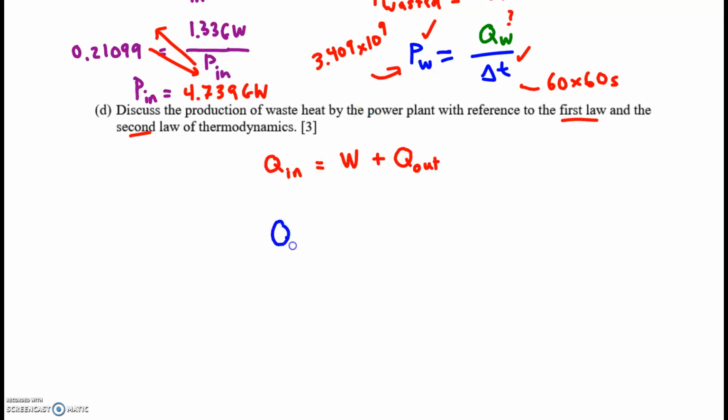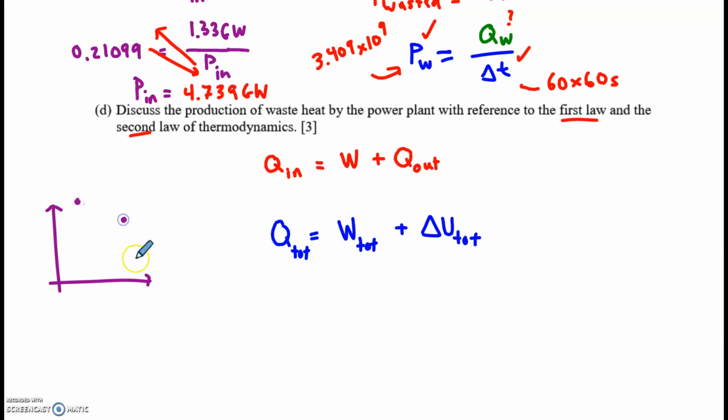But the first law of thermodynamics says the total Q is equal to the total work plus the total change in internal energy. But if you have a cycle, then by definition, if it's cyclic, it doesn't matter what the cycle looks like. Maybe it's like this. This is kind of the Carnot cycle.